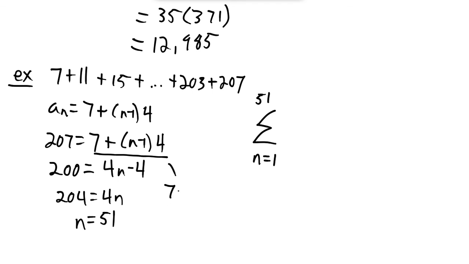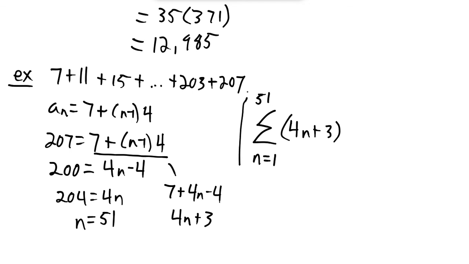So that becomes 7 plus 4n minus 4, or 4n plus 3. So our summation is going to be the summation from the first term to the 51st term of 4n plus 3. Does this work out? Let's make sure. Well, we put in 1, we get 7. We put in 2, we get 11. So yeah, this should work out.